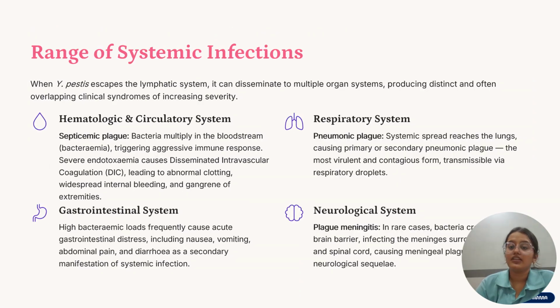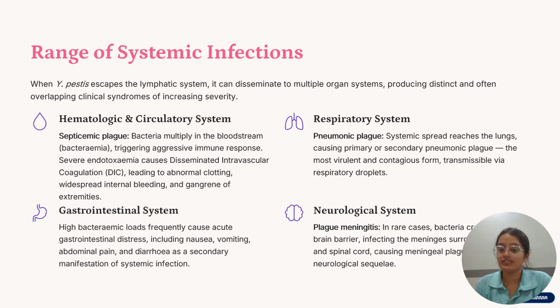Now, range of systemic infections. When the Yersinia pestis bacteria escape the lymphatic system, they disseminate to multiple organ systems, producing distant and often overlapping clinical syndromes of increasing severity. Hematologic and circulatory system: septicemic plague.